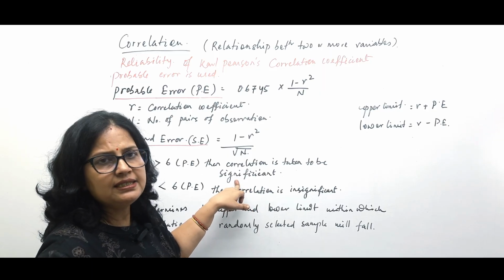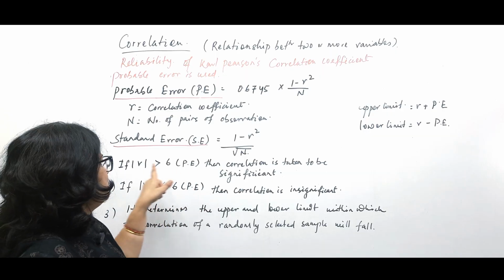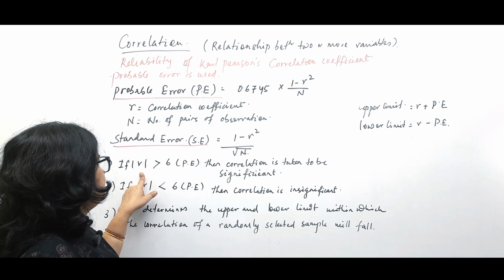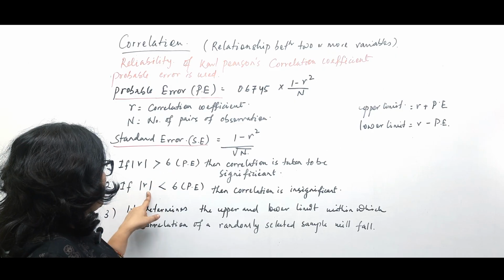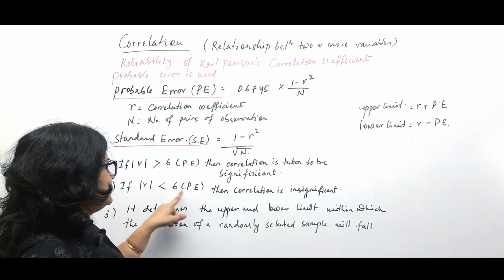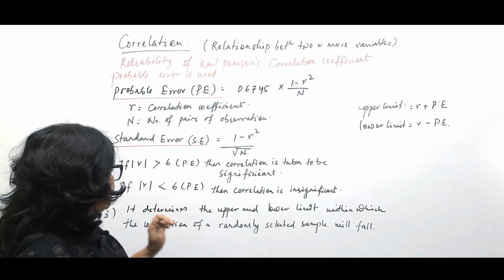We can say the correlation between the variables is significant. If modulus of r is less than 6 PE, then the correlation is insignificant.